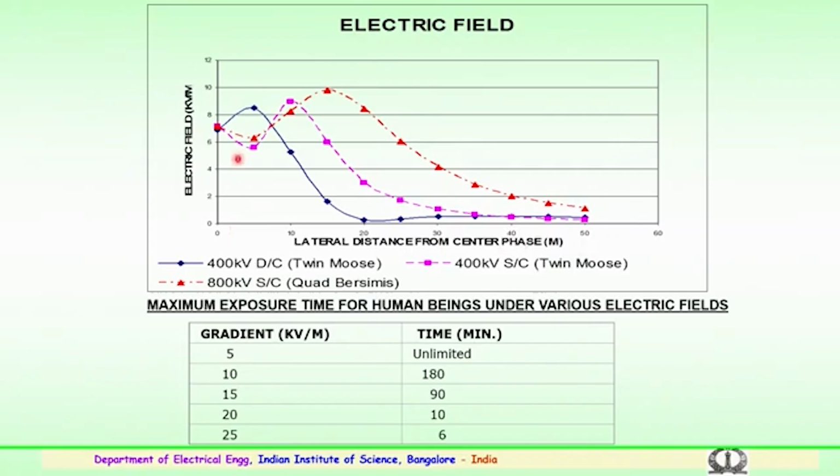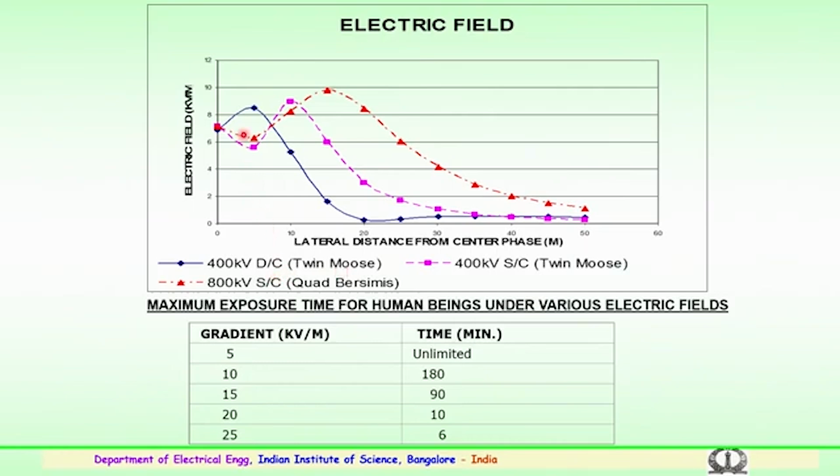It very clearly shows 3 different curves. So, the black curve corresponds to the 400 kV double circuit employing twin MOOSE conductors, that is, 2 MOOSE conductors are used in a double circuit.